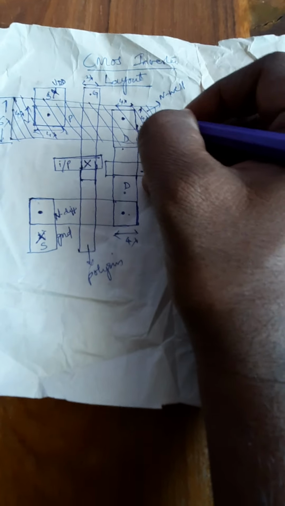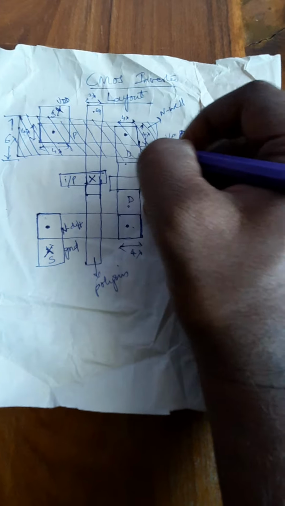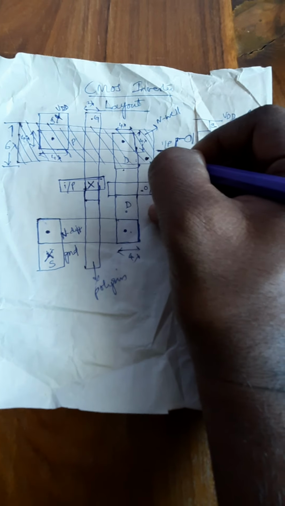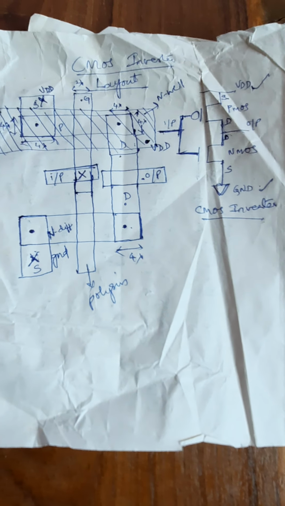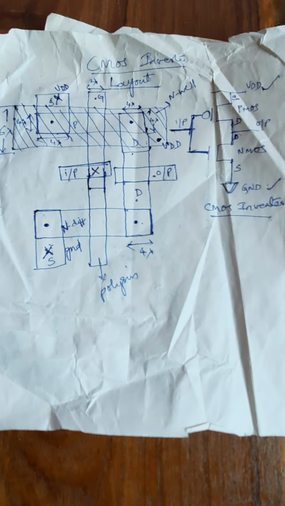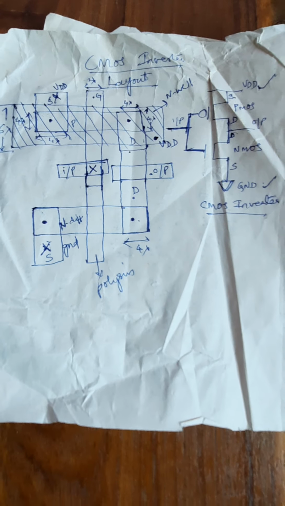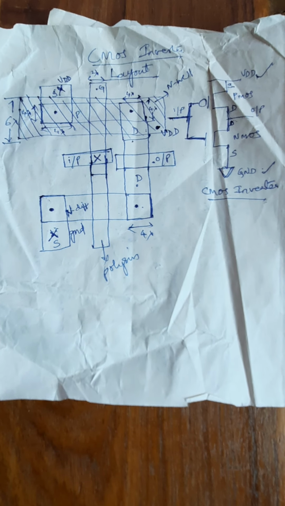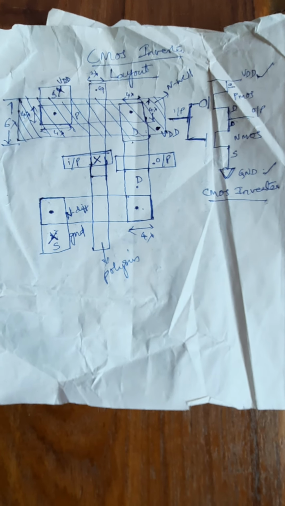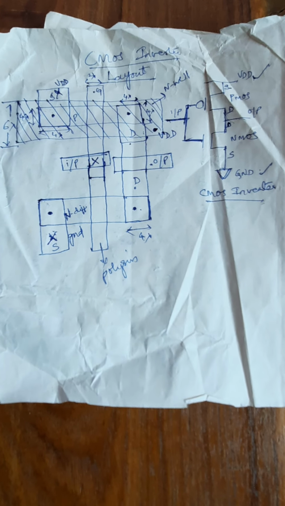So in order to avoid that floating, you are supposed to put one VDD source to the N well, then the floating problem will not occur and the error will not occur, and you can go for simulation of this CMOS inverter. So this is regarding how a CMOS inverter layout can be drawn very easily with the help of N well technology. Thank you everyone.